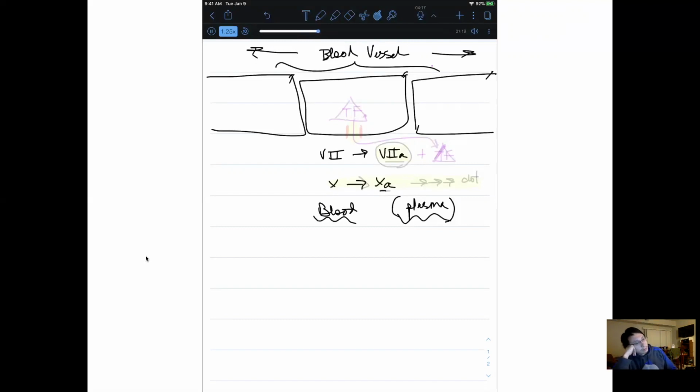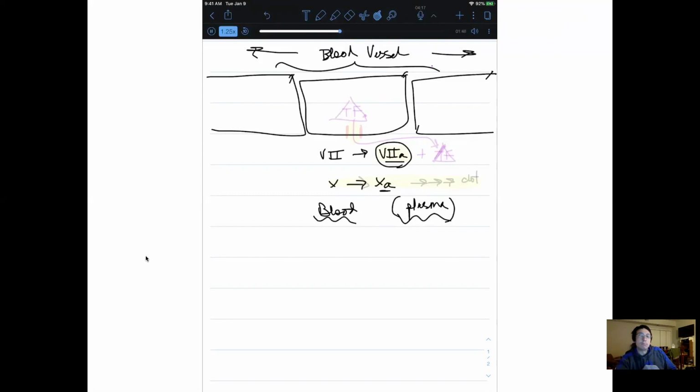In order to get 10A, you needed 7A and vice versa. So part of the first part of the solution to this problem at the biochemical level was that there's always a little bit of 7A present.